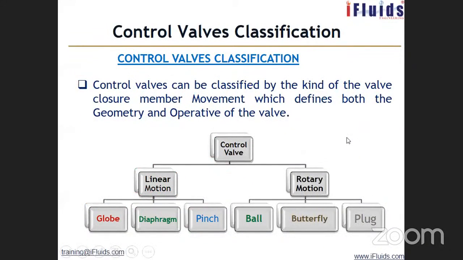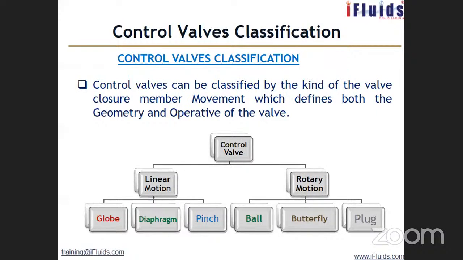There are certain classifications of control valves, and control valves can be classified by the kind of valve closure member movement. How the valve member inside the valve moves is denoted by the classification. The movement defines the geometry and operation of the valve.